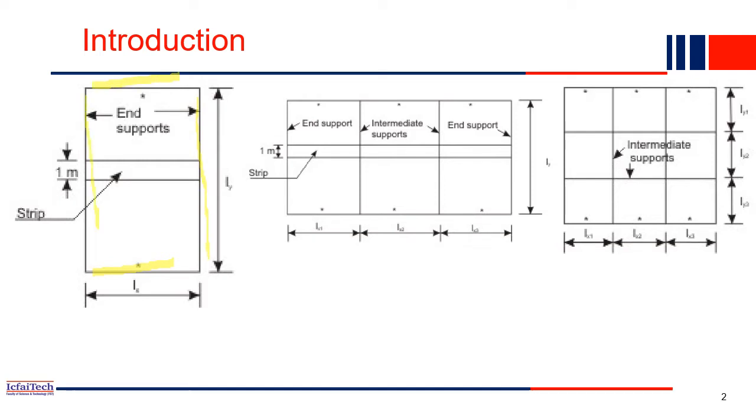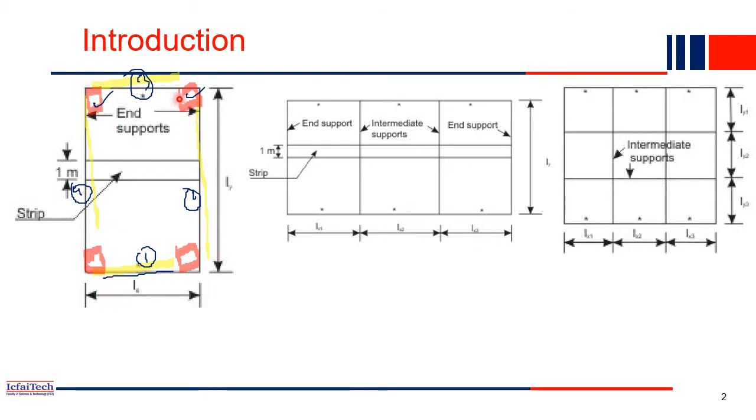On four sides you have the four beams, and four columns are also there: column 1, column 2, column 3, and column 4. The beams are connected to these four columns, and the four beams rest on the columns. Above these four beams, we have the slab.